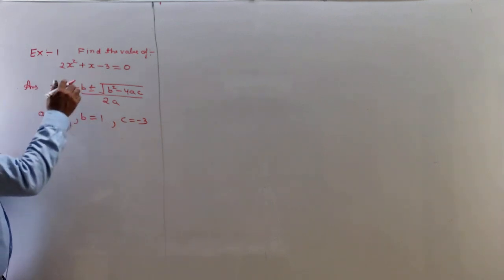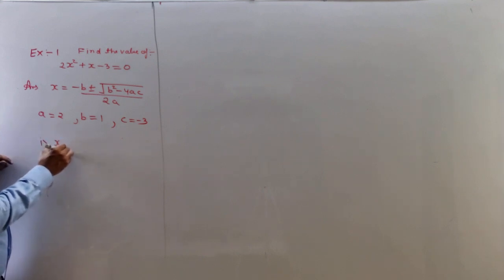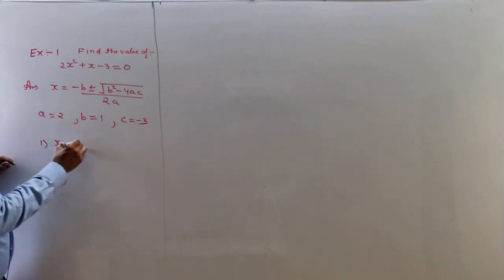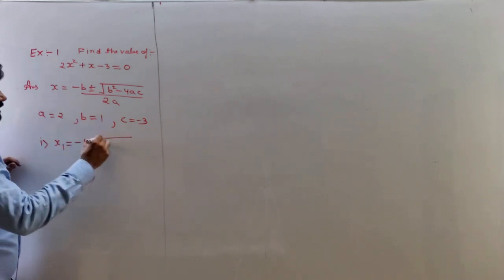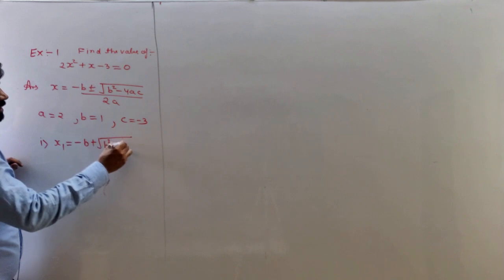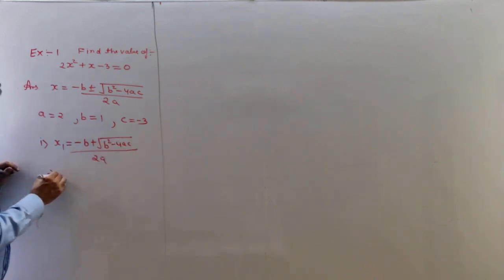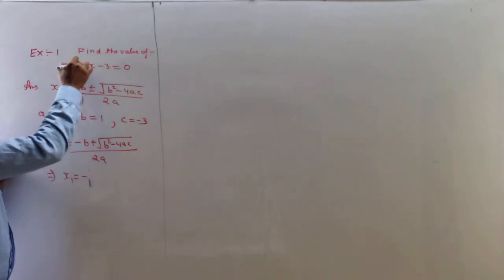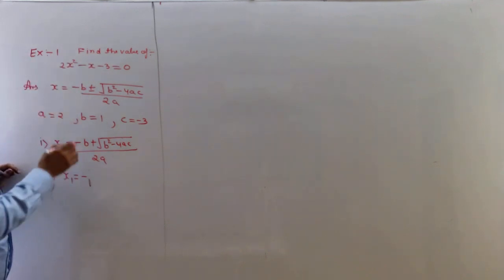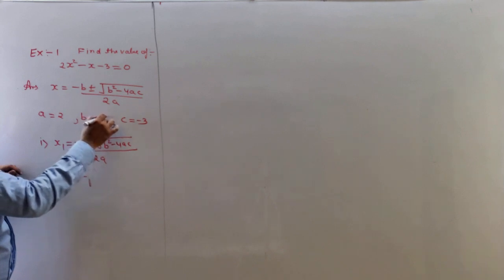Understand? So first we calculate x1 = (-b + √(b² - 4ac)) / 2a. So here b is 1, and in this equation we take -b as -1.